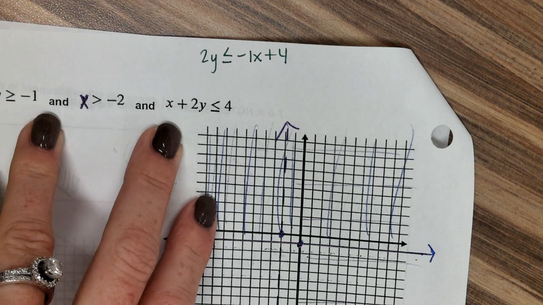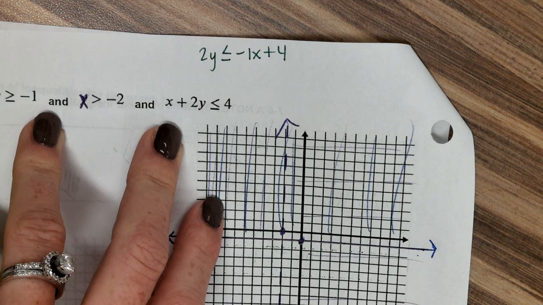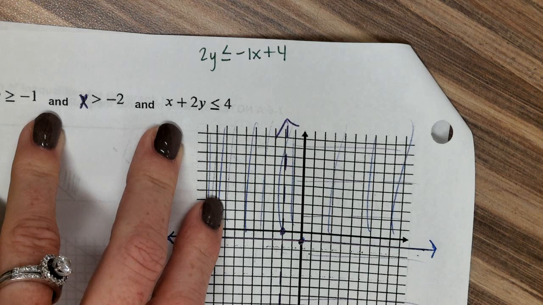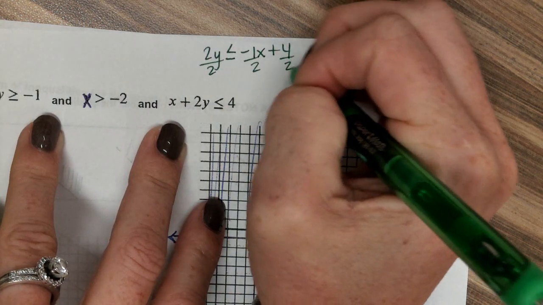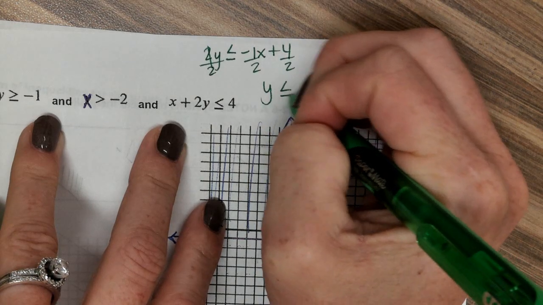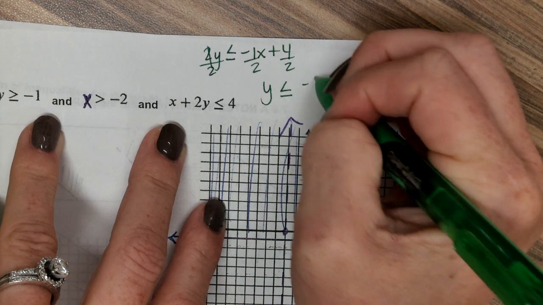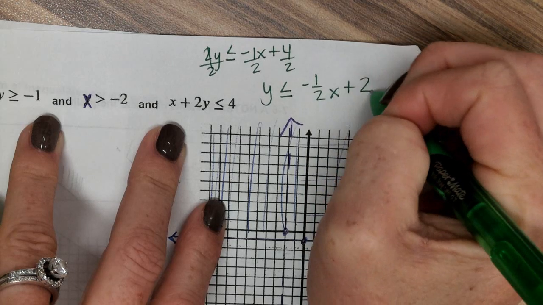Tell me about inequalities. When do I flip the sign? When you multiply or divide by a negative. But I didn't do that, did I? Okay, so now I'm going to divide by +2. So does my sign flip? No. So I have y is less than or equal to -1/2 x plus 2.